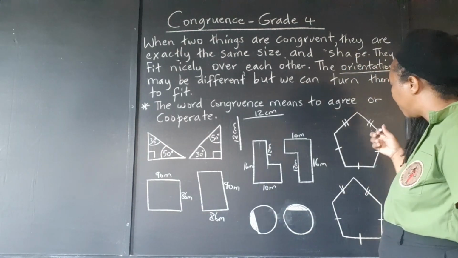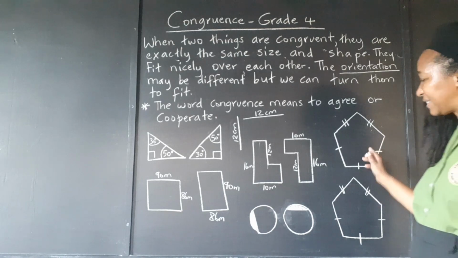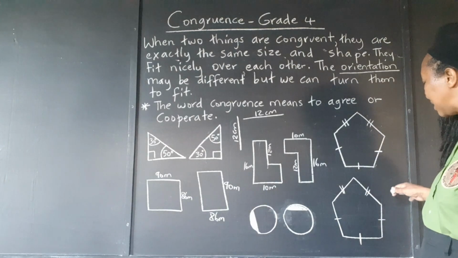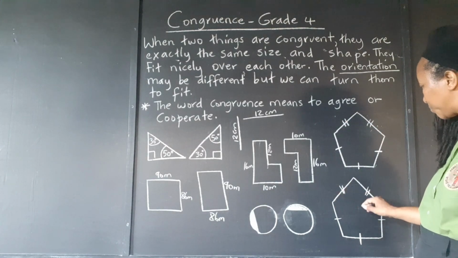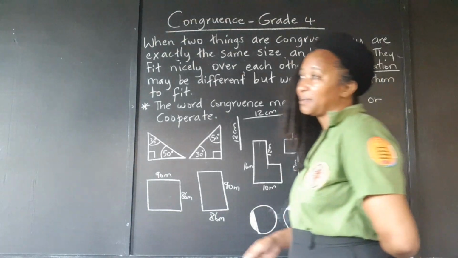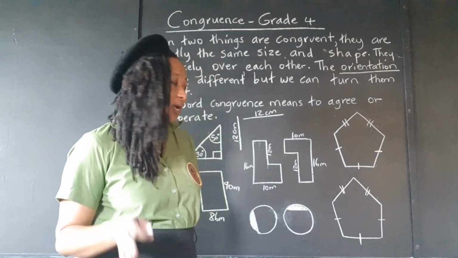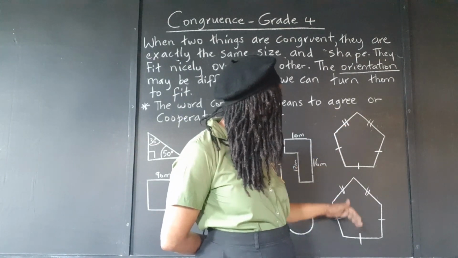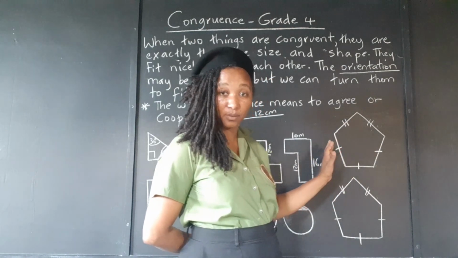And here we have two pentagons, two five-sided polygons. They are not regular, they don't have all sides equal, but these two are equal just like these two. We're not given any measurements, but they have the same size by looking.